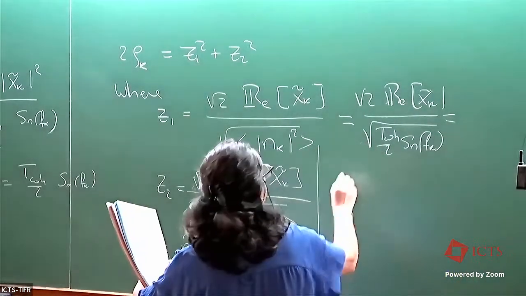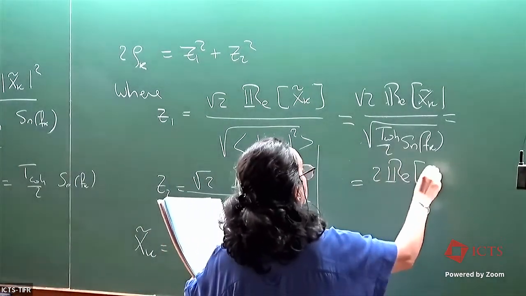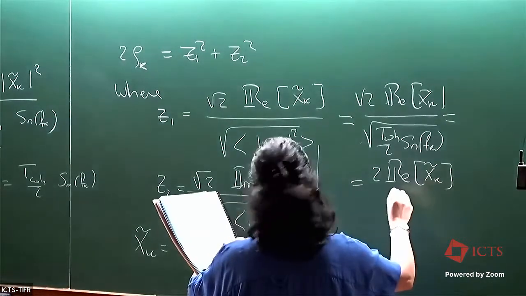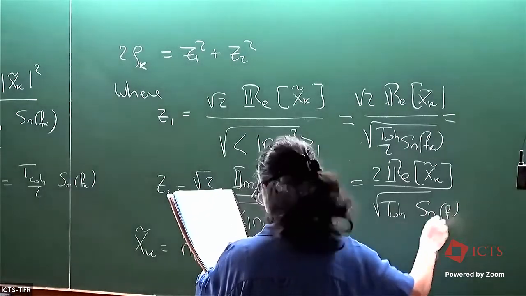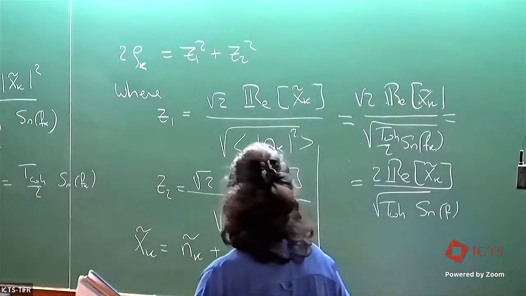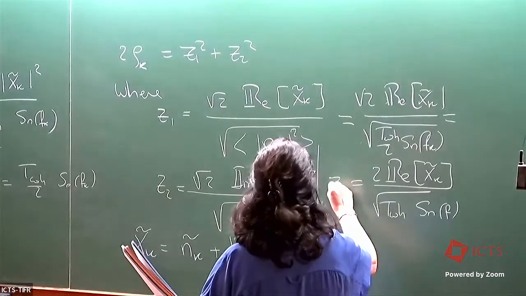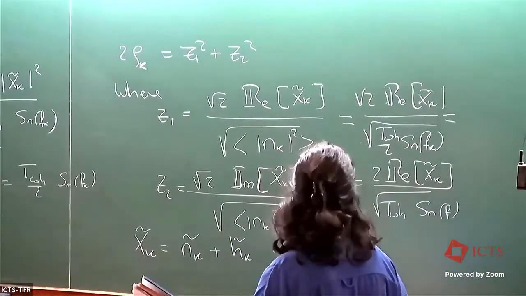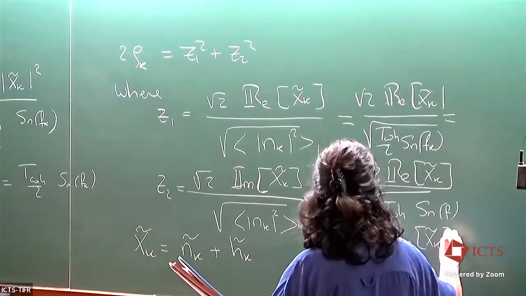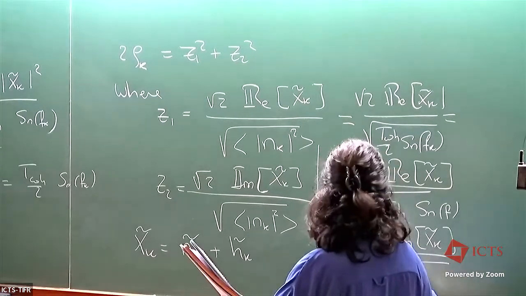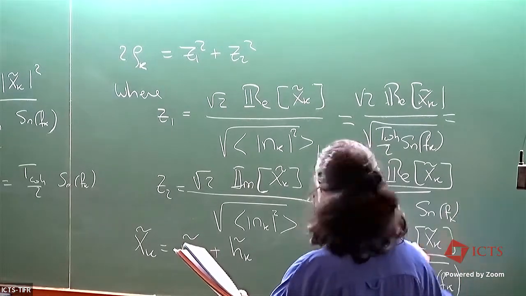That is going to be then 2 times the real part of x over T coherent Sn of F. And if I do the same with Z2, I'm going to get that Z2 is 2 times the imaginary part of the Fourier transform of x over T coherent Sn of F.